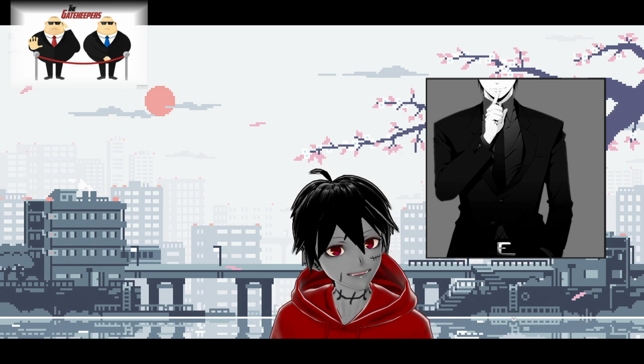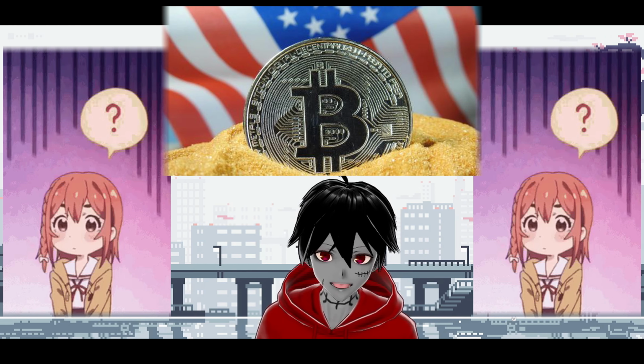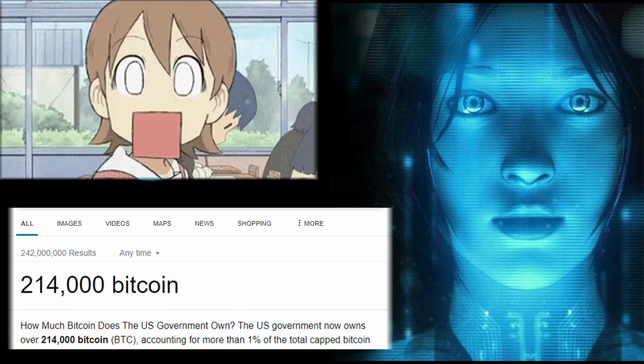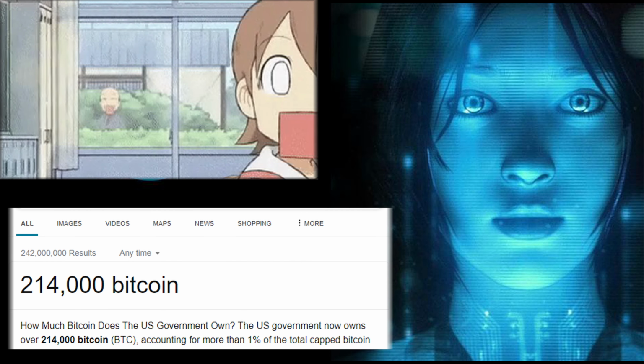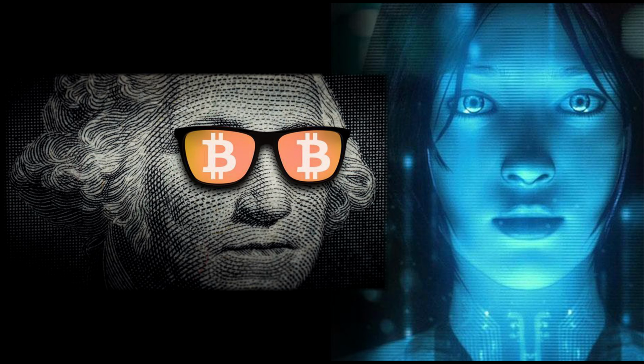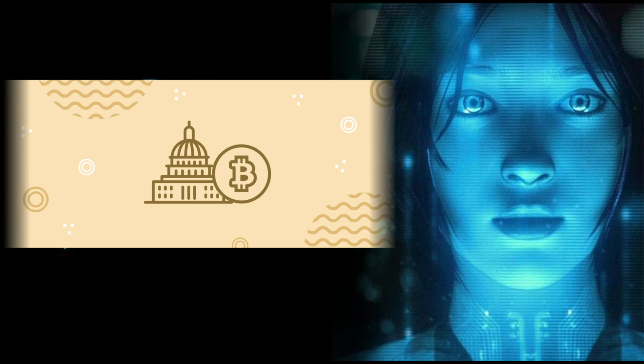So guys, here's something else they don't want you to know. You know how much Bitcoin the United States has? The US government now owns over 214,000 Bitcoin, BTC, accounting for more than 1% of the total capped Bitcoin supply. The new milestone came after the government announced on Monday that it had seized more than 50,000 BTC.